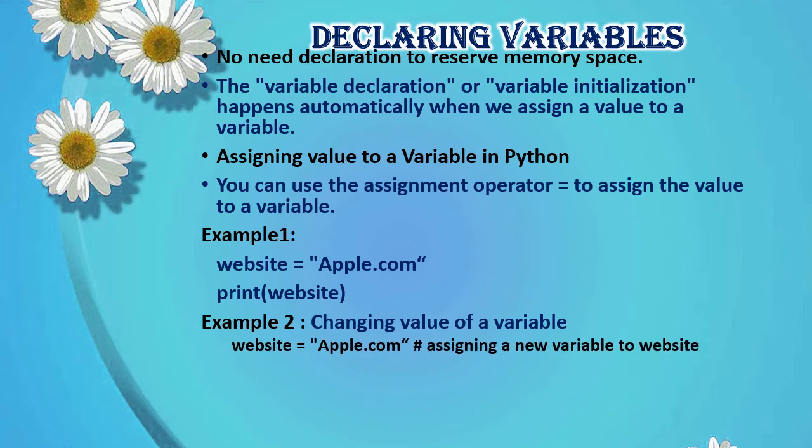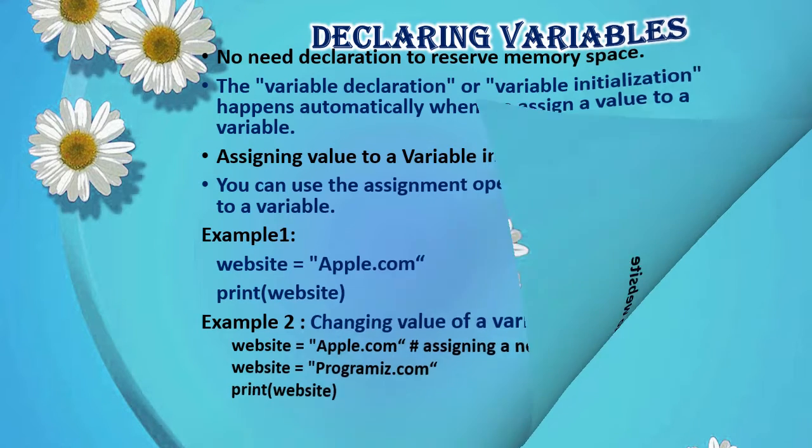Next, we can change the value of the variable. First I assign the string value apple.com to the variable website, and next I change it to programiz.com, another string value. Now if I give print website, it will print only the current string value, programiz.com.